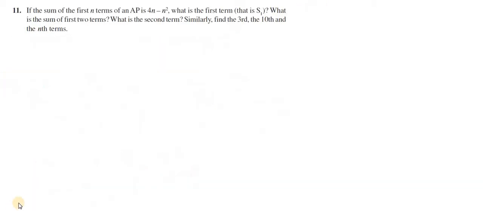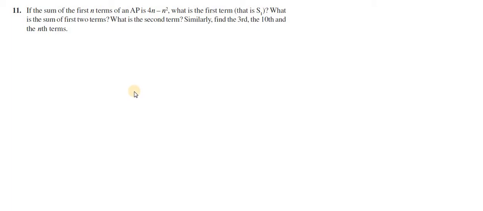Okay, next problem. If the sum of the first n terms of an AP is 4n minus n square, what is the first term, that is S1? What is the sum of the first two terms? Then what is the second term?